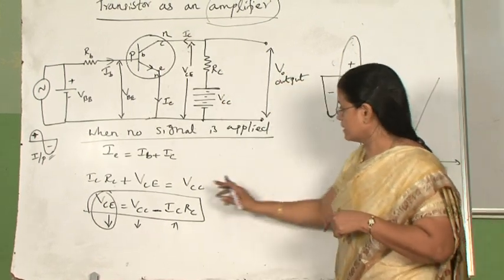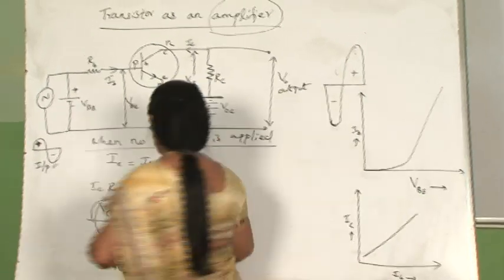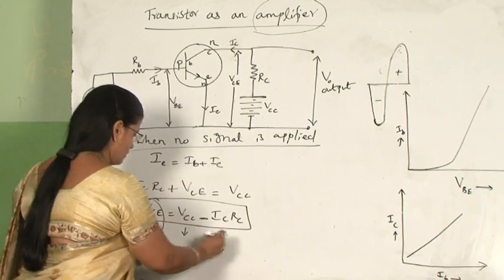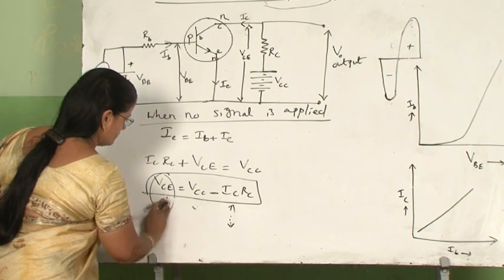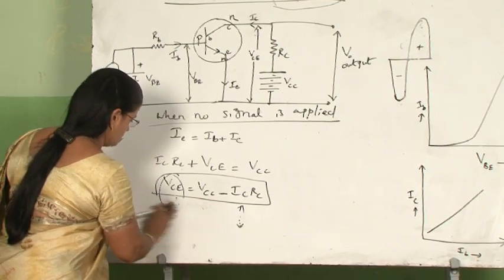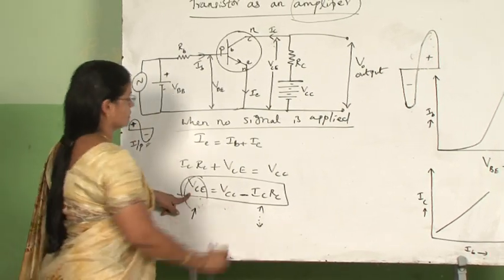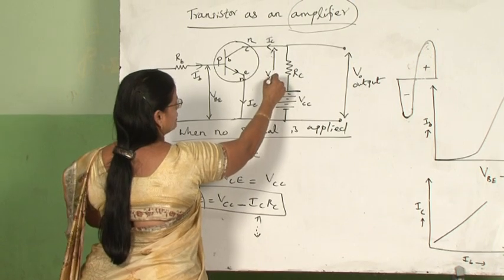So, when the output current decreases, according to this equation again, the arrow will just change. That is, when the output current decreases, naturally the output voltage will increase. So, when VCE is increasing, what is the meaning then?